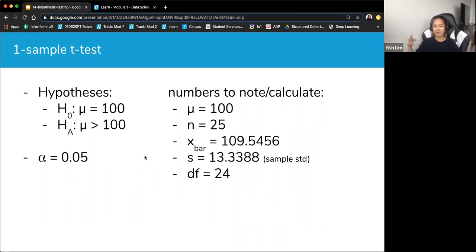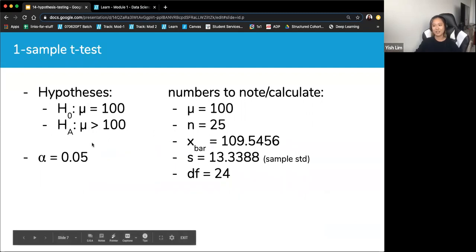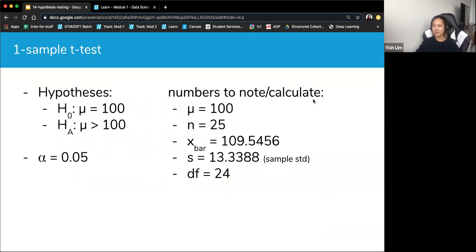Step two, step three, we know we're going to do a one-sample t-test, and our alpha is 0.05 as usual. In a t-test, the numbers to keep track of are the population mean, the number of observations in your sample, which in this case is 25, x bar, our sample mean, and s, our sample standard deviation.